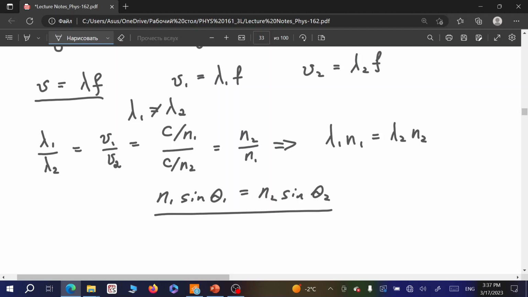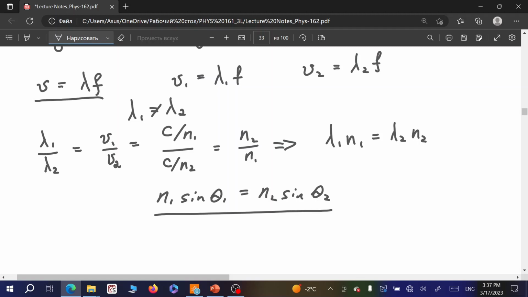We'll not go into too much detail here, but there is such a concept as total internal reflectance. In that case, at some specific angle, light is traveling from an optically more dense material, that means a material with higher refractive index.